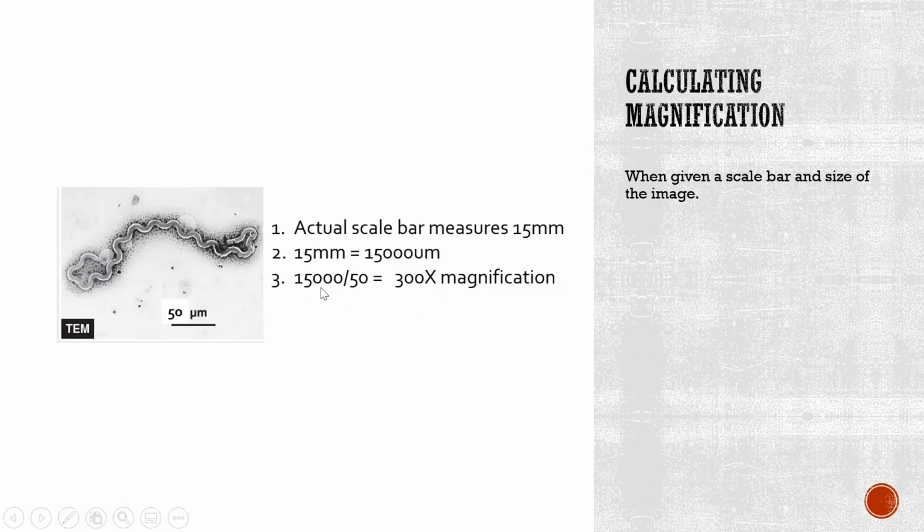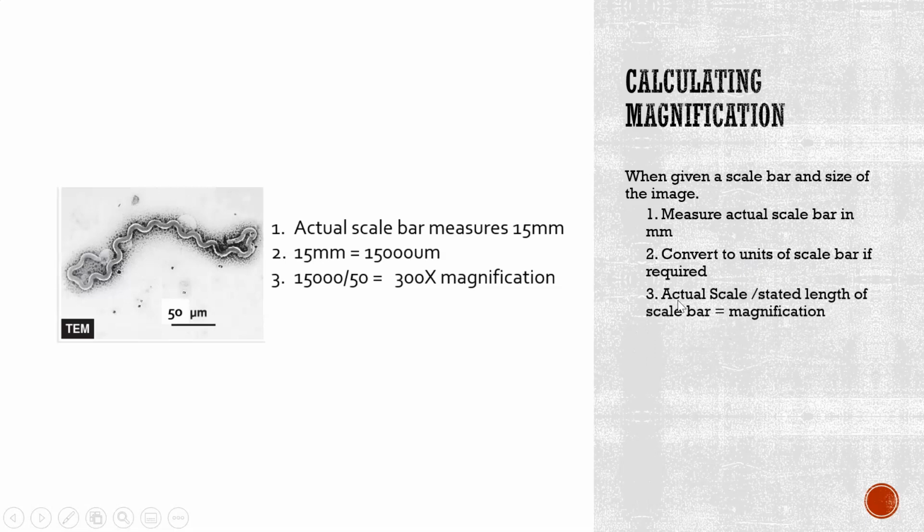So we say 150,000 micrometers divided by our 50, which we've got here, gives us our 3x magnification. So we measure the actual scale bar in millimeters. We convert the units of the scale bar if we need to. And then we go actual scale divided by the stated length of the scale bar, which gives us our magnification.